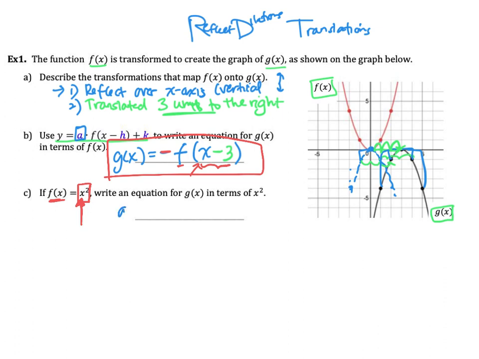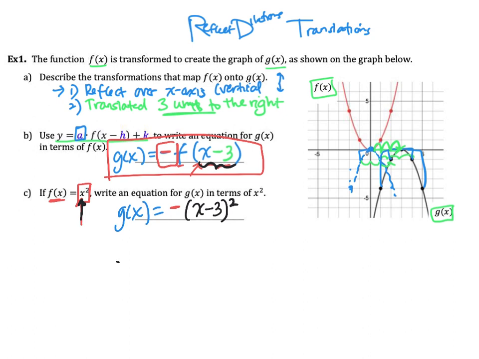So g of x equals, well, usually we would have our x squared, but instead it's going to be x minus 3 squared. And then we have this -1 in front of it, where you don't really need the 1, so you can just have a negative times x minus 3 squared.